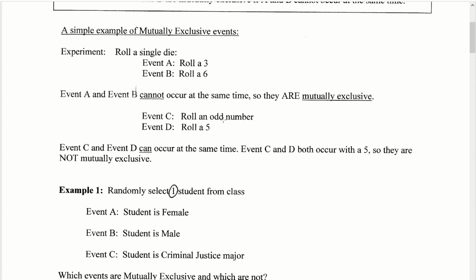However, if we look at two different events, event C is that of rolling an odd number, and event D is that of rolling a 5. If we roll a die, and the number 5 shows up, then both event C has occurred because we rolled an odd number, and event D has occurred because we did indeed roll the 5. So because C and D can occur at the same time, events C and D are not mutually exclusive.